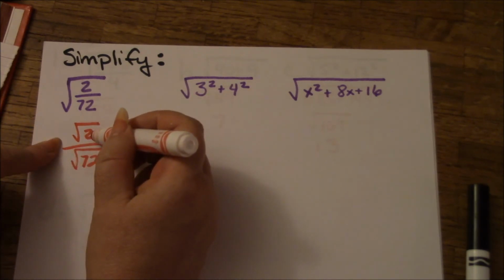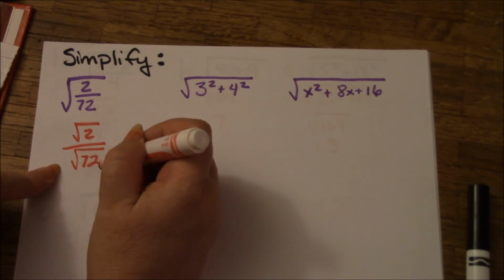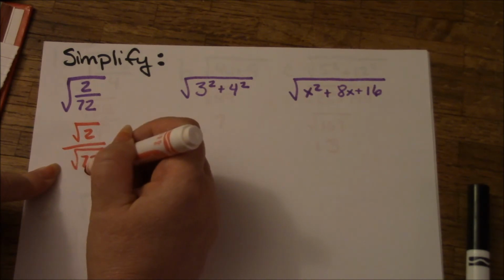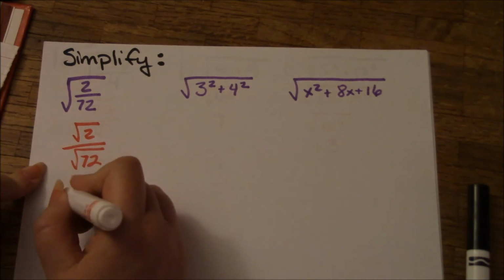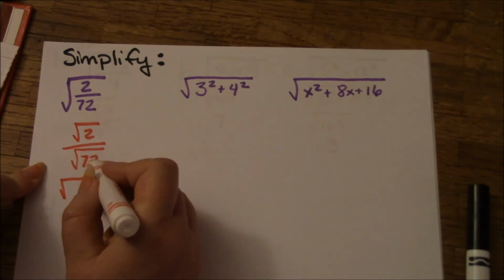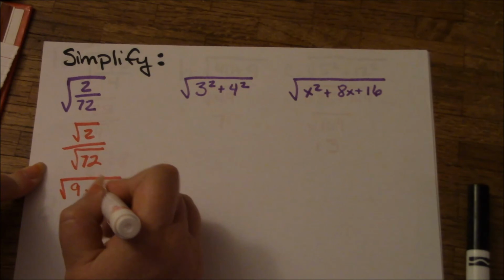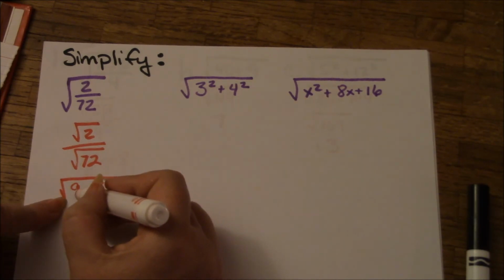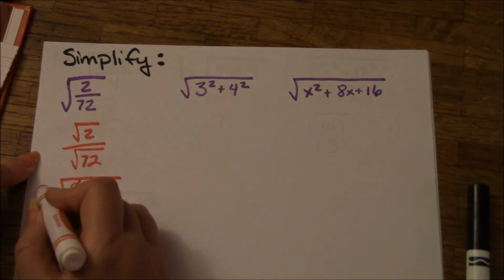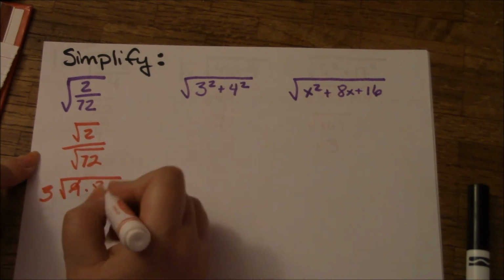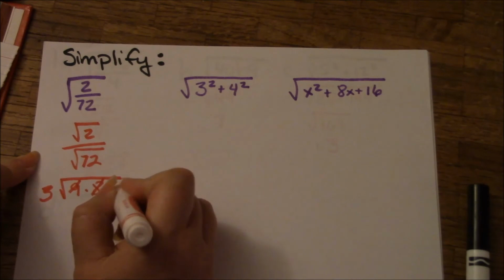Now the square root of 2 is as simple as it can be, but this isn't simple. I can't have a radical under this sign, so I've got to find a way to reduce this. Well, I'm going to break it up into its parts. This is actually 9 times 8. And the square root of 9 is 3, so I can pull that out. And the 8 is actually 4 times 2.